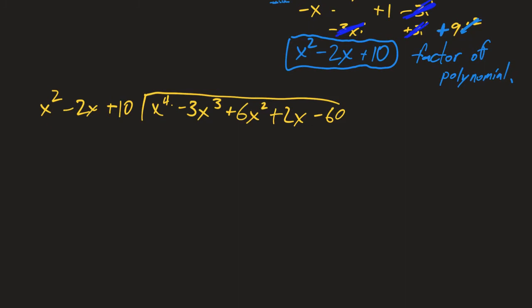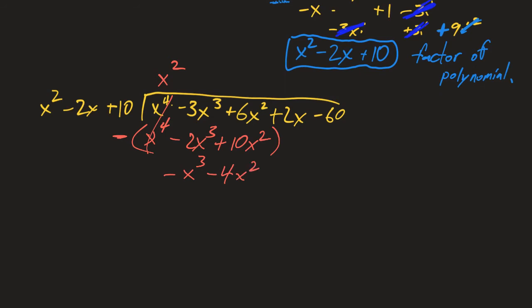But if we follow through and do all of our division, we're going to get an x squared, and we got x to the fourth minus 2x cubed plus 10x squared. Subtract the whole thing, okay? Always canceling that. Minus x cubed minus 4x squared plus 2x, bringing down that one. And we're going to repeat this process again.